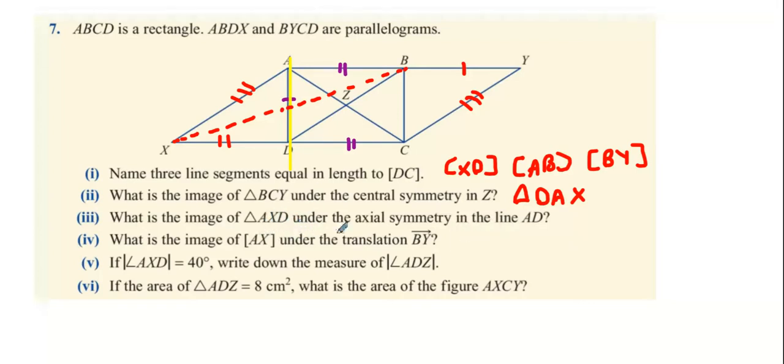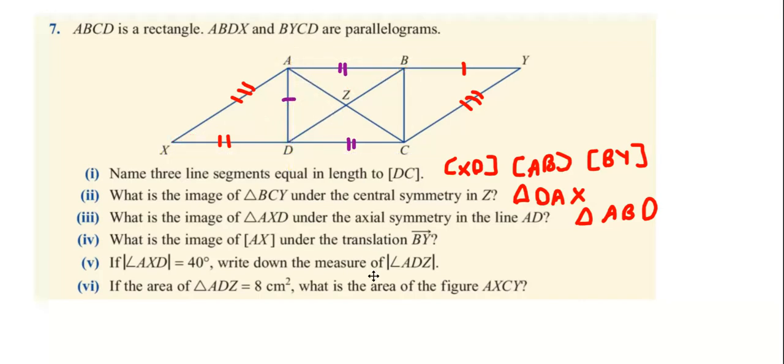It's a triangle AXD. So A stays where it is, D stays where it is because it's actually on the mirror, and the only difference is that X will turn into B, ABD. Okay, so that's that one done.